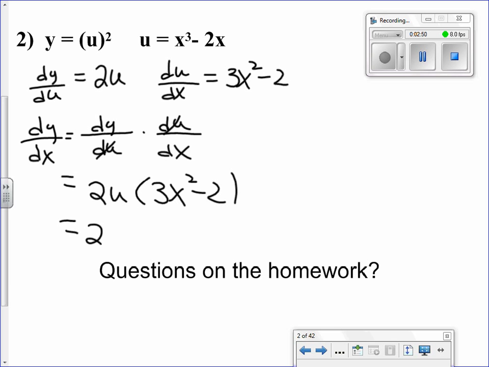Then you substitute u in. So we're putting in for u the x cubed minus 2x, and we have the 3x squared minus 2. That's great. I'm surprised that she did it that way, but I just want you guys to be able to follow doing it that way, so you can get the derivatives separately and multiply them to get dy dx.